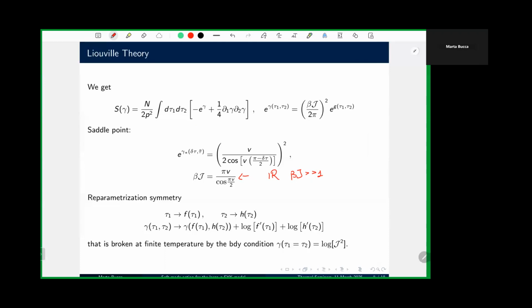In particular, the infrared regime where beta J is very large corresponds to a limit where our parameter v goes to 1. So for us, it's going to be convenient to rewrite v as 1 minus delta v, and then take delta v going to 0. This is how we can take the infrared regime.